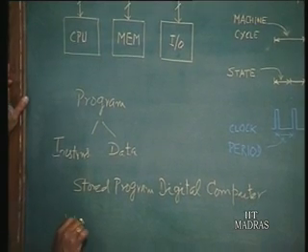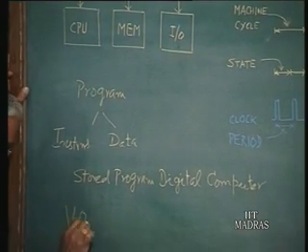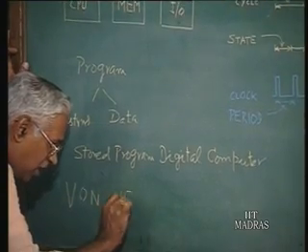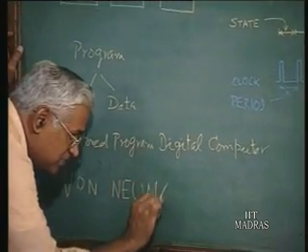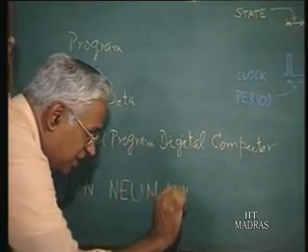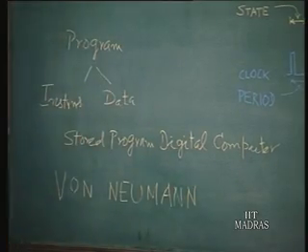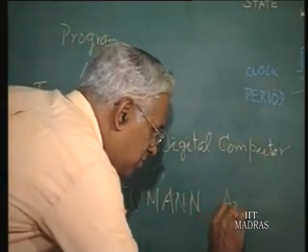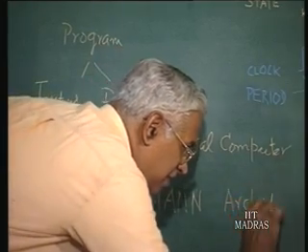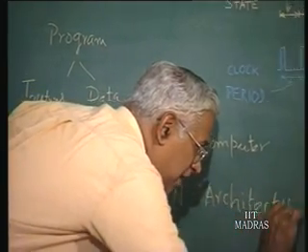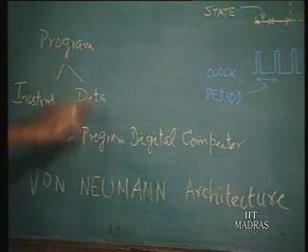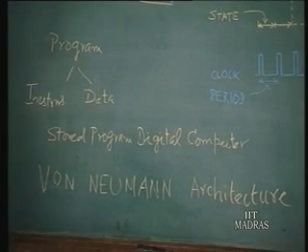Now that in fact points to what we know as the von Neumann architecture, because it was a mathematician by the name of John von Neumann who had thought of this particular thing, that is, storing the program in the memory and executing it.